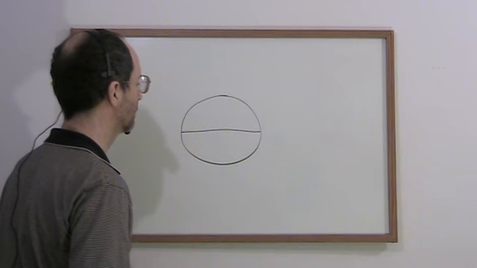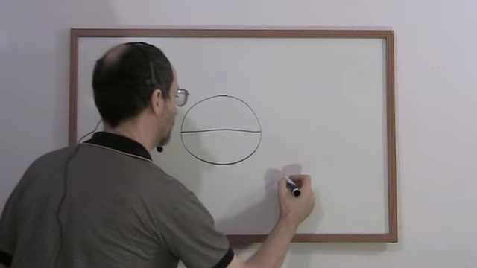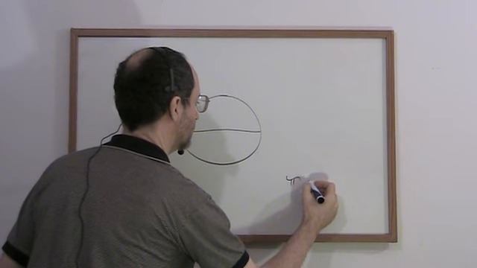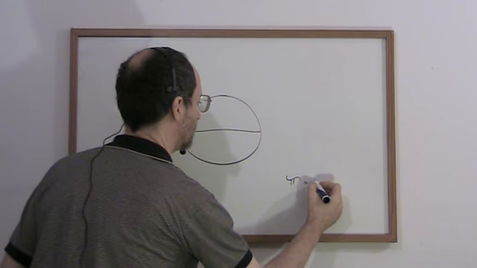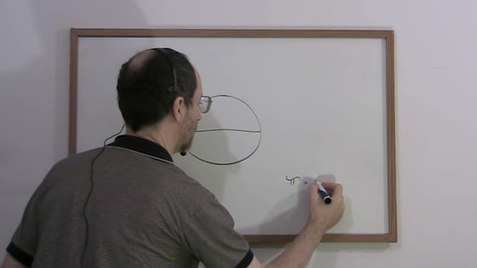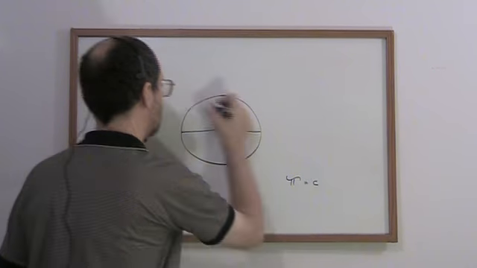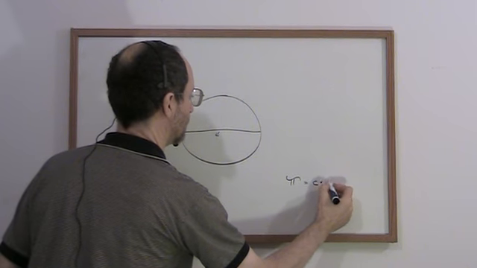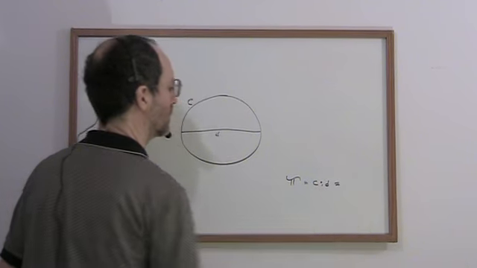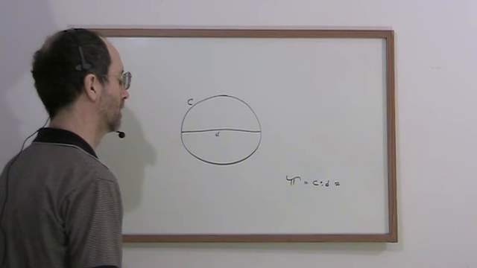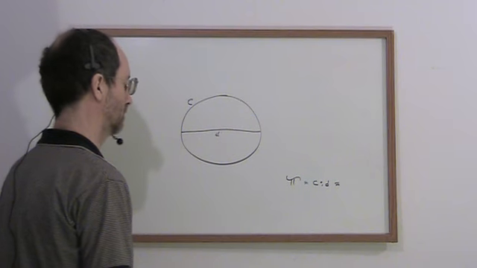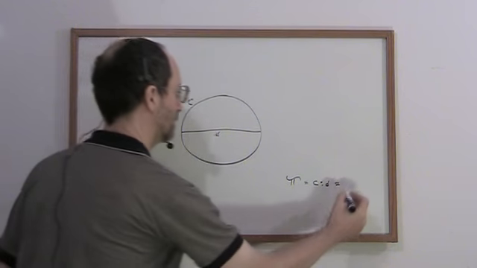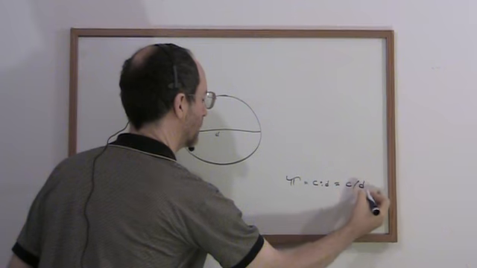So we can say that pi is the ratio of C, right, circumference, to D, which is more usually often expressed as a fraction of C over D.